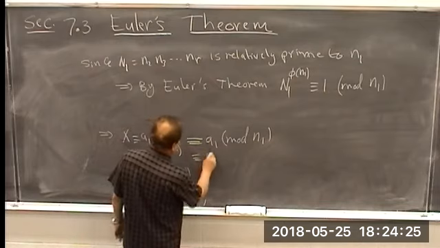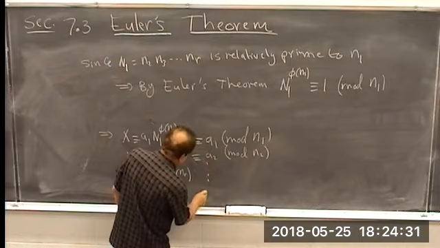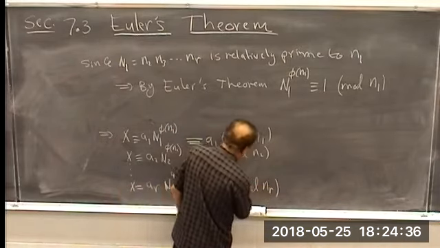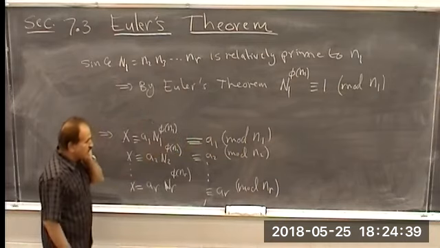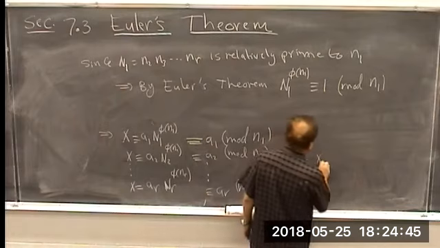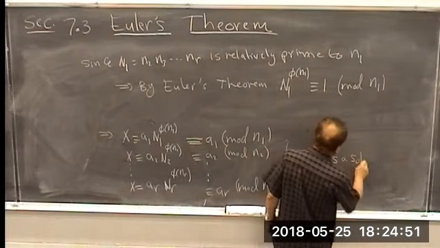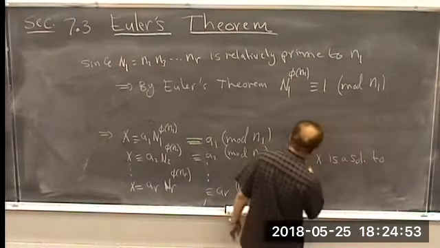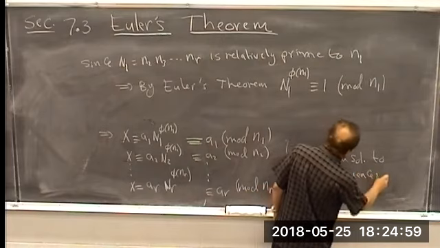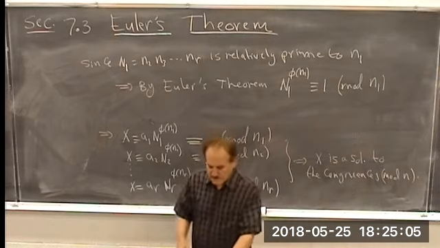And the same thing here, a2 mod n2, and so on to the last one, a sub r mod n sub r. So the same x is congruent to all of these, and this implies, by a property that we proved earlier, that x is a solution to the congruences mod their product, and this is actually the Chinese remainder theorem.